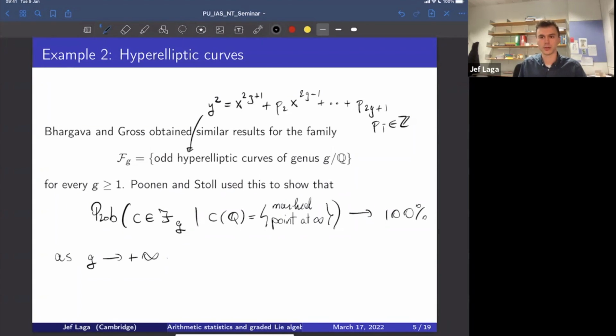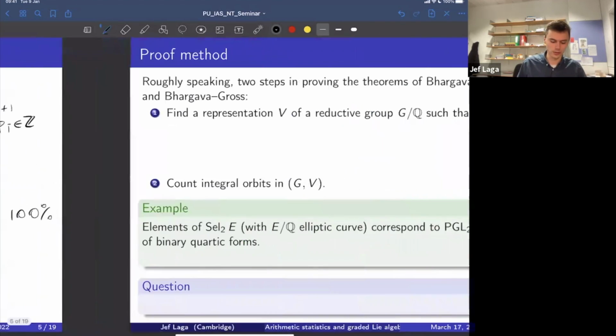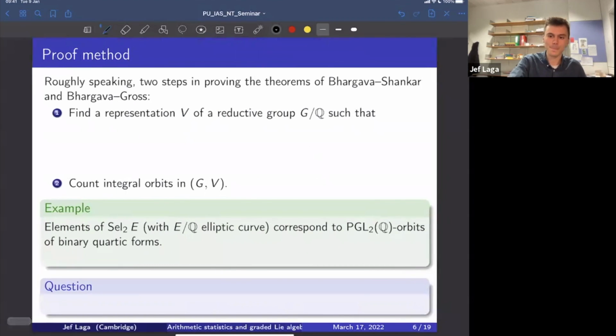So to explain how to do that, I must explain a little bit the proof of Bhargava–Shankar and Bhargava–Gross. So let's do that next. Very roughly speaking, sweeping a lot of details under the carpet, the proof of these counts of the average size of the 2 Selmer group breaks up in 2 steps.